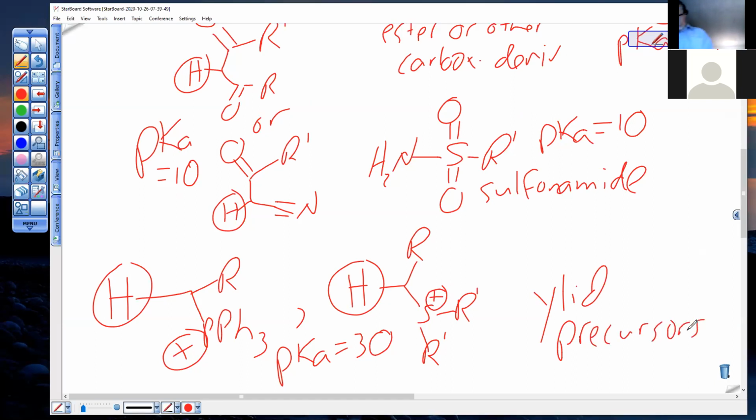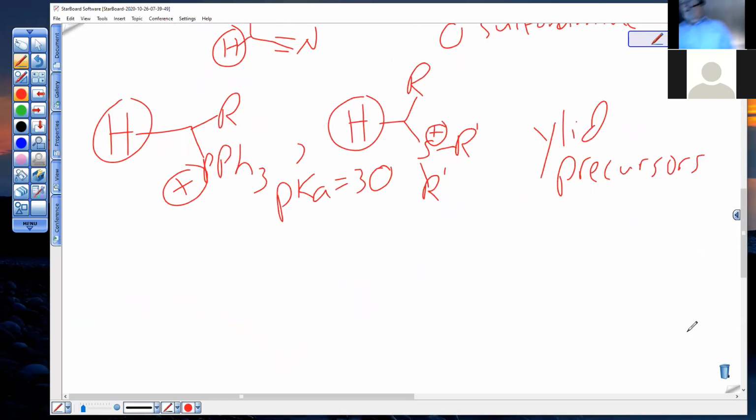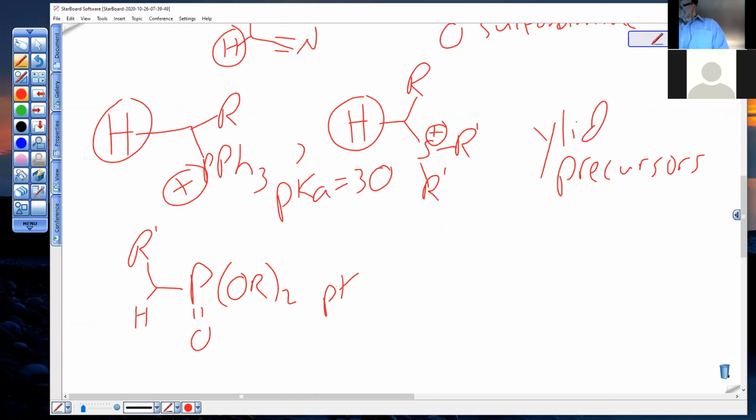And since that came up, we had the phosphonate esters, and those were pKa 20, kind of alpha to a ketone type things. That was the Arbuzov reagent.